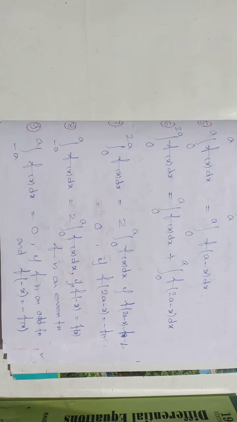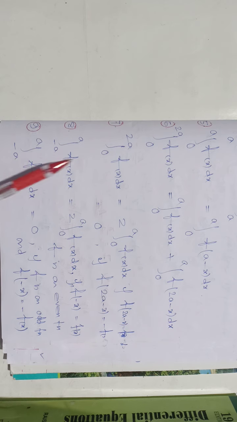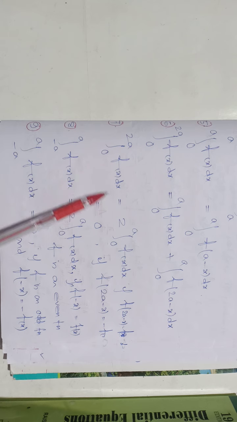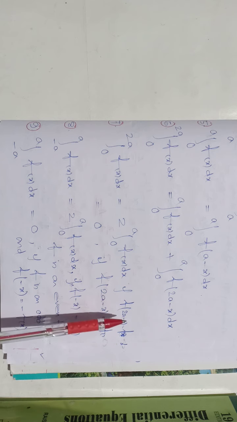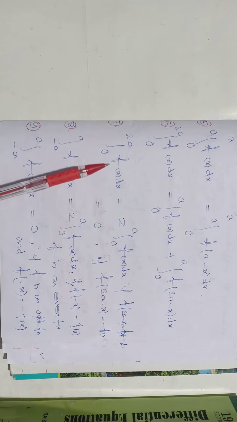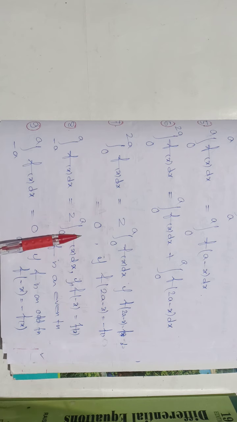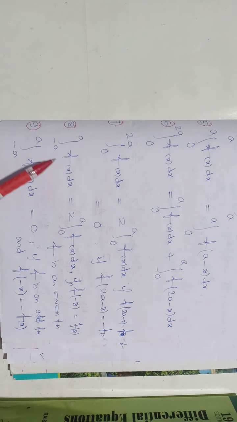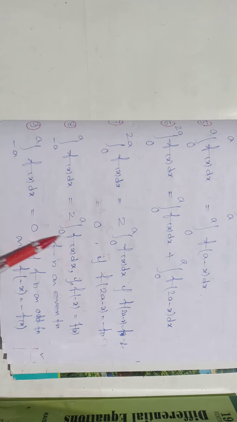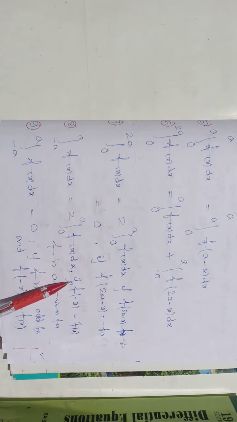Next one, 0 to 2a f(x) dx, we can write 2 into 0 to a f(x) dx if f(2a minus x) equal to f(x), and another result will be 0 if f(2a minus x) equal to minus f(x). Next one, minus a to plus a f(x) dx can be written as 2 into 0 to a f(x) dx if f(minus x) equal to f(x).